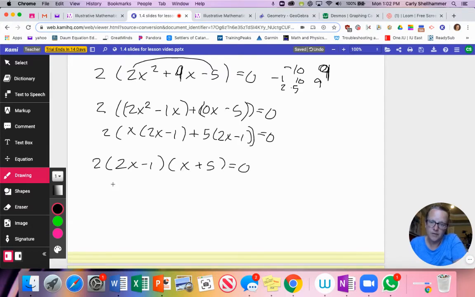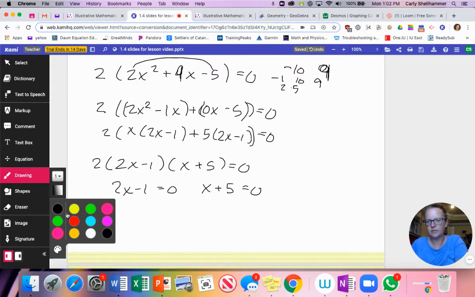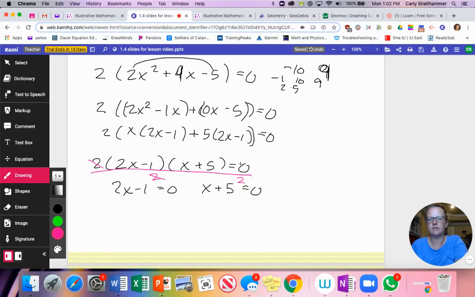The zero product property says that this binomial can be 0 or this binomial can be 0. Actually, it's really important, I need to get rid of that 2 first. So I'm going to divide both sides by 2, and it cancels out. It doesn't disappear. Mathematically, we're canceling it out.